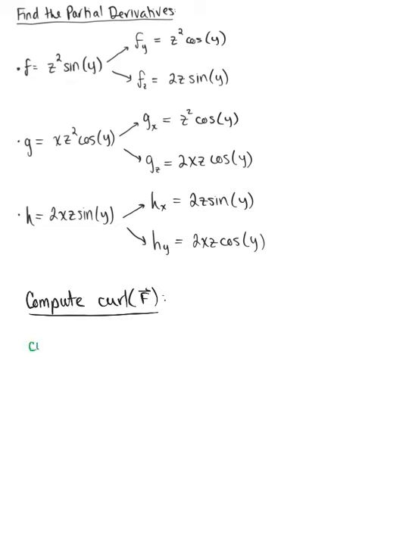Again, just as a friendly reminder, we know that the curl of our vector field is defined as the partial derivative of h with respect to y minus the partial derivative of g with respect to z, i hat, minus the partial derivative of h with respect to x minus the partial derivative of f with respect to z, j hat, plus the partial derivative of g with respect to x minus the partial derivative of f with respect to y, k hat.